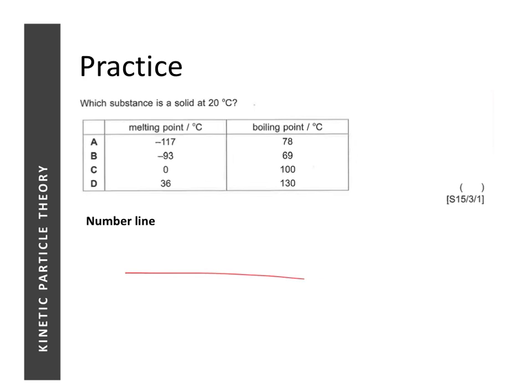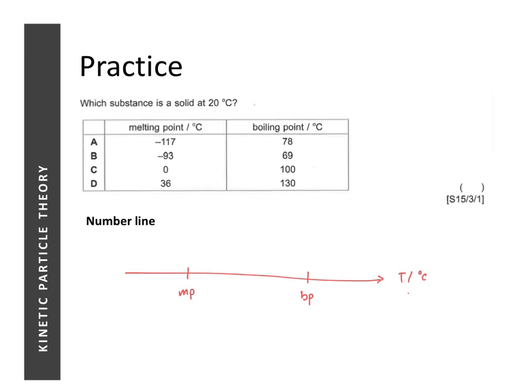A number line is like this. We draw a line of increasing temperature from left to right. So as we move from left to right, the temperature increases. Next, I want you to draw 2 points on the number line. The lower point represents your melting point, and your higher point represents your boiling point.